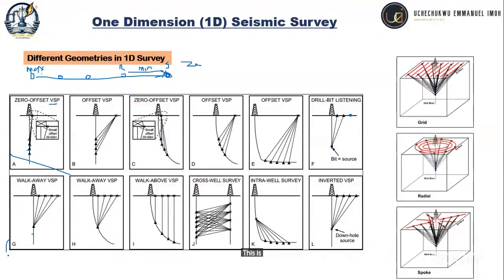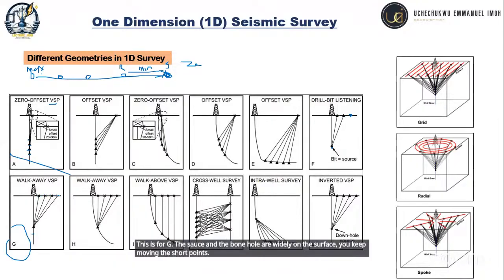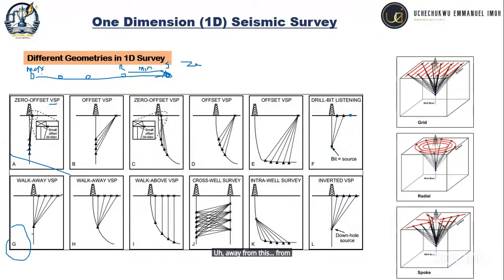This is for the geophone in the borehole, while on the surface you keep moving the shot points away from the zero offset. You can have that for a straight well and for a deviated well.